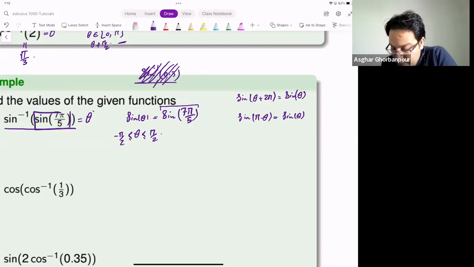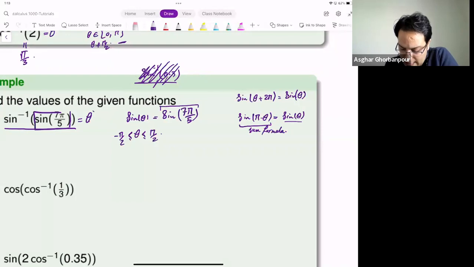How can you prove this one? This is just the sum formula. Use the sum formula for sine of alpha plus beta, and that will give you sine pi cosine theta minus cosine pi sine theta. You will see that that will give you that property.